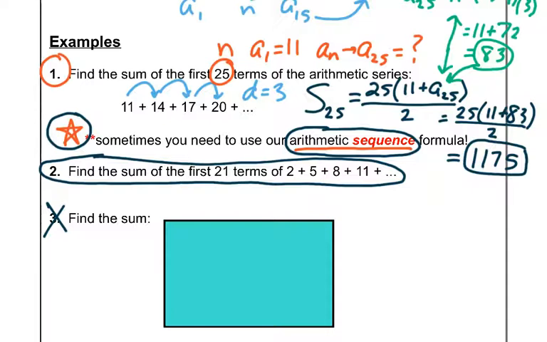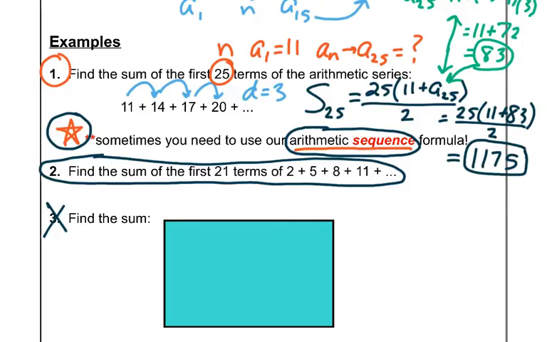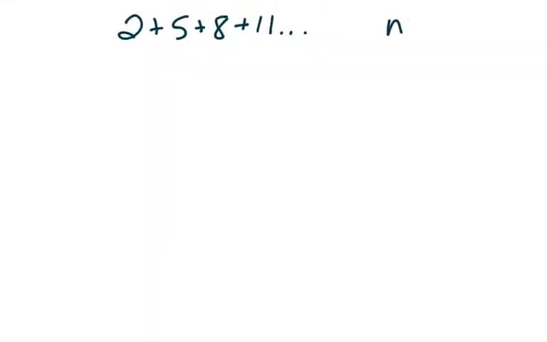All right, shall we try it? I'm going to need a little bit of room, so I'll open up a new page. This was 2 plus 5 plus 8 plus 11. And I think it was asking for the first 21 terms. All right, so n is 21. So we're looking for S sub 21, the sum of 21 terms here. The formula says n, which is 21, times the first plus the last.